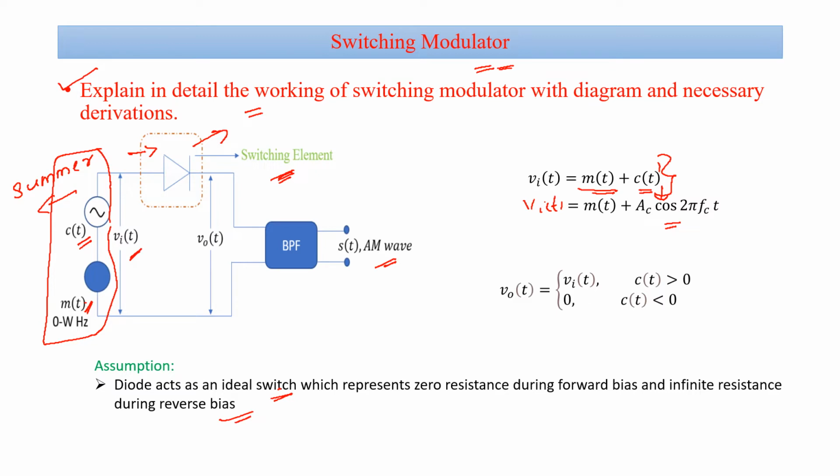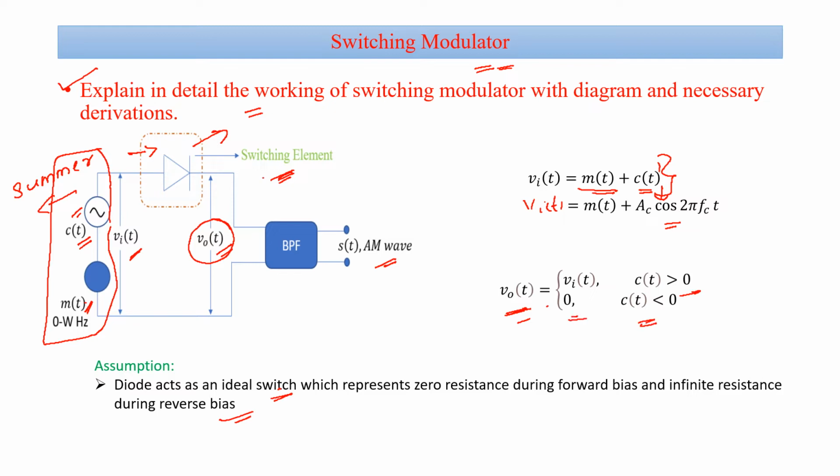Your output of the diode is taken as V0(t). The assumption taken here is that your carrier signal amplitude is very large. So your V0(t) will depend upon your carrier signal. That's the reason why you have the expression V0(t) = Vi(t) when c(t) is greater than 0, and 0 when c(t) is less than 0.